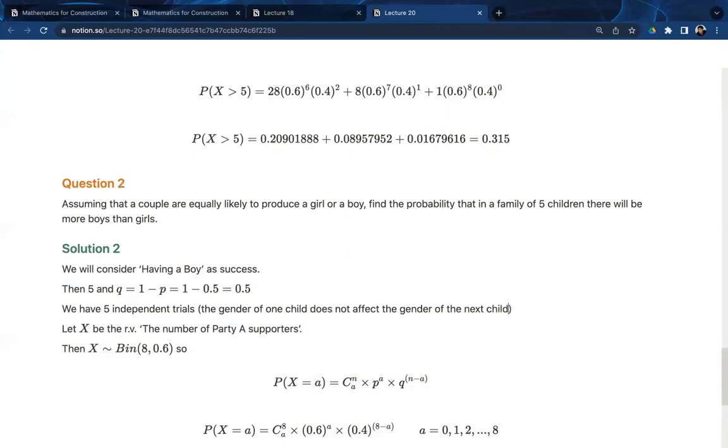So the gender of one child does not affect the gender of the next child. So having the children, 5 of them, those events are independent. Having a boy is success, which is 0.5.